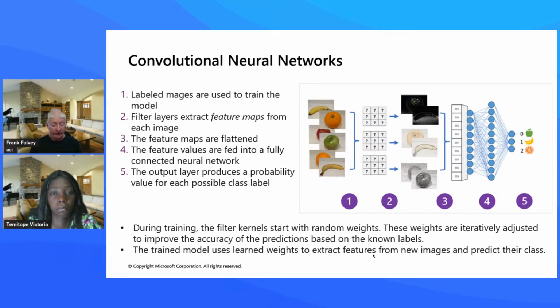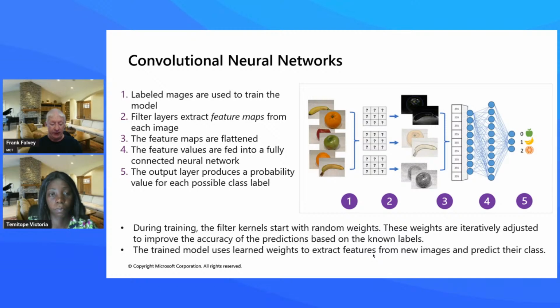They use filters to extract numerical feature maps from images, and then they feed the features into deep learning models to generate labels. So you'll see a lot of stuff around labels and features to do with the imaging side of things.